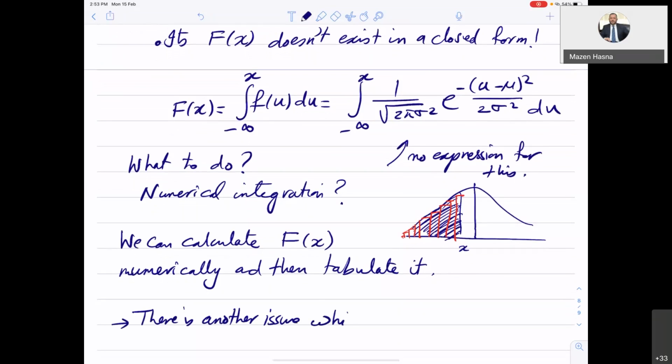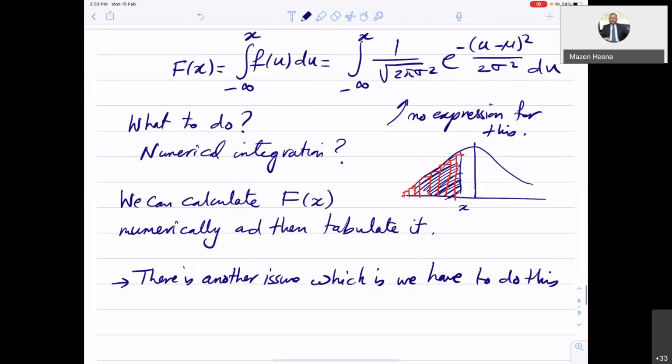Which is, we have to do this for each combination of mu and sigma square, right?